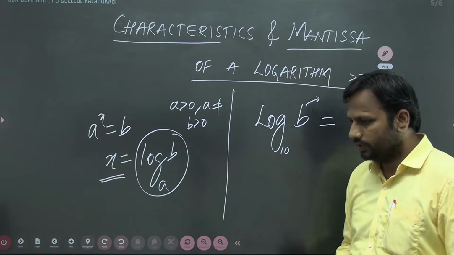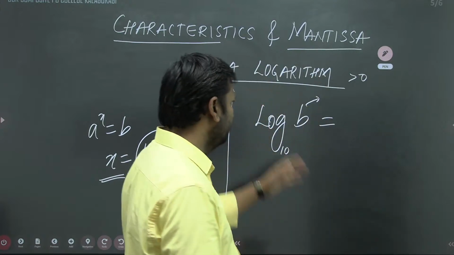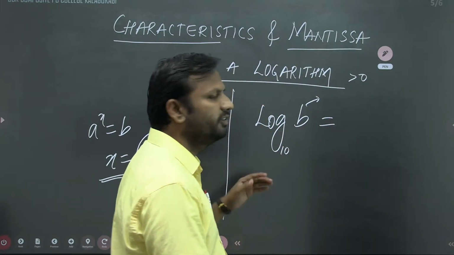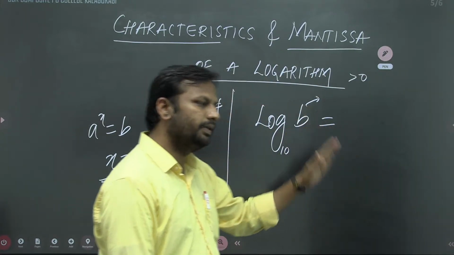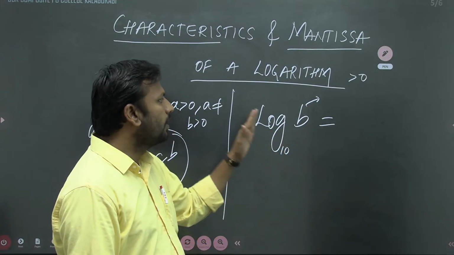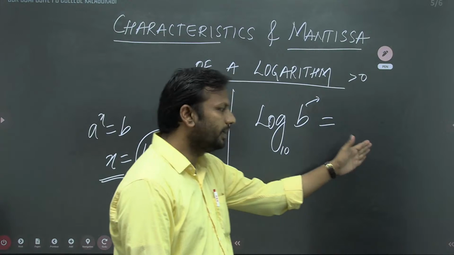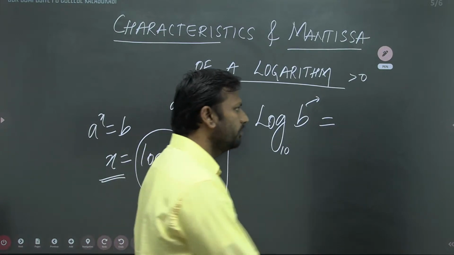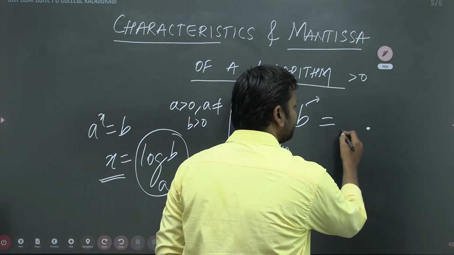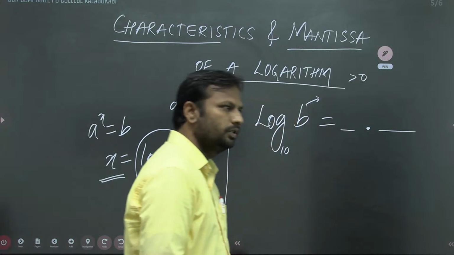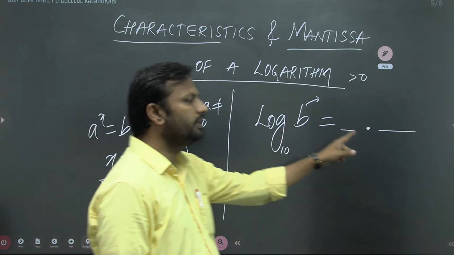Okay. Now if they have provided the logarithm of a number, how to do it, I will be telling you later. First you see, the logarithm of a number, which we obtain at last here, the output will be in the form of two parts. The logarithm of a number will have two parts.